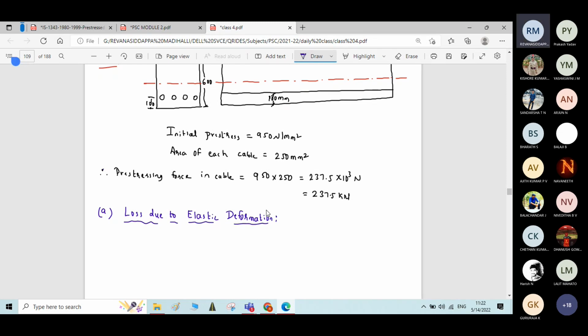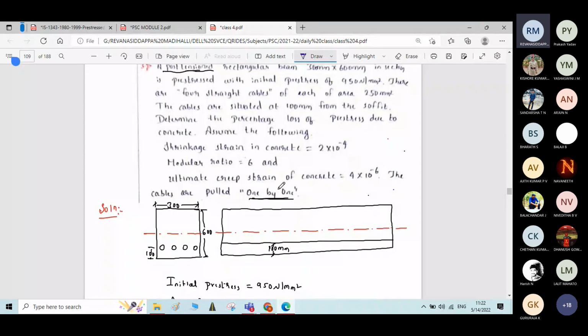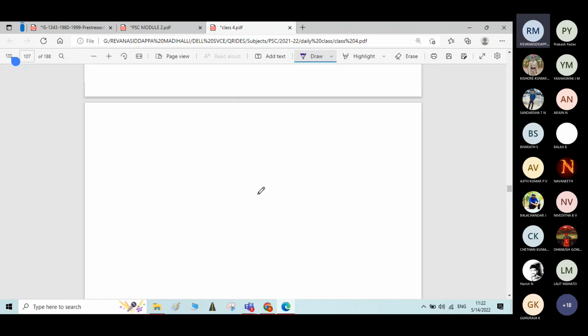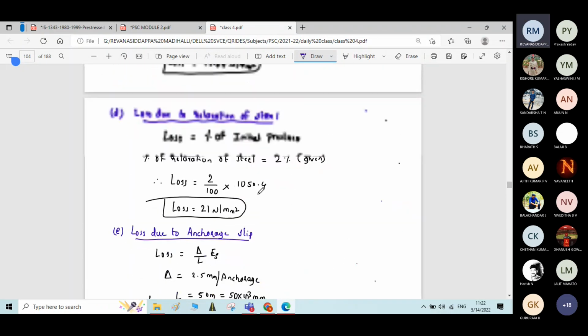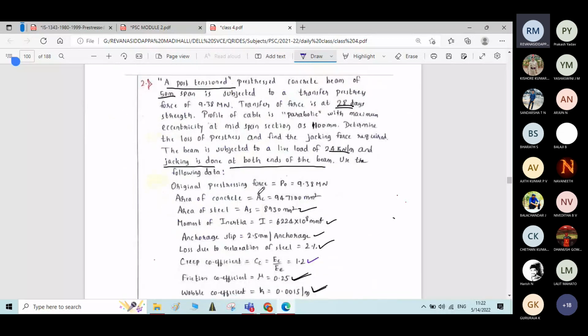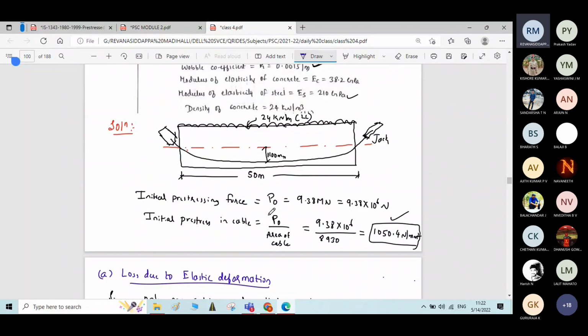Here in this problem, he says that the cables are pulled one by one. If the cables are pulled one by one, there will be loss due to elastic deformation. In the previous problem, he said that cables are stretched simultaneously, and jacking is done on both the ends of the beam.